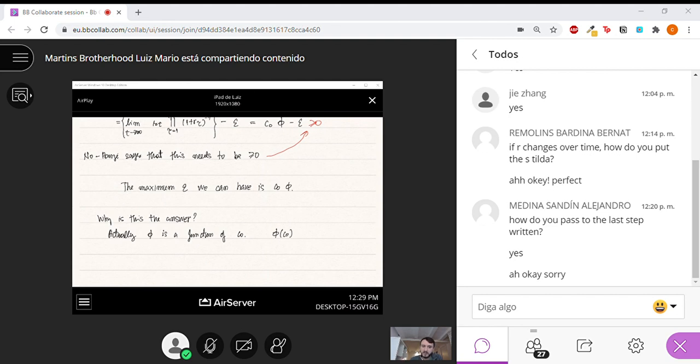If you want to make this, may be nice for you to do. This product will go to infinity. I don't know, this is a conjecture. I haven't done this, but it's interesting to think that if you have different C0s, you will have different phis.